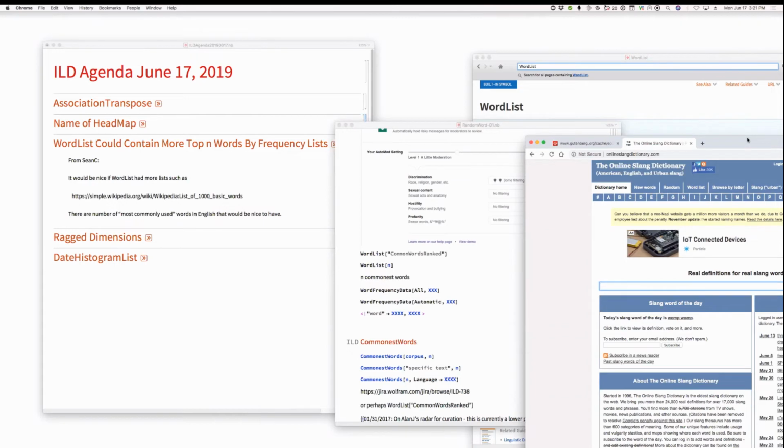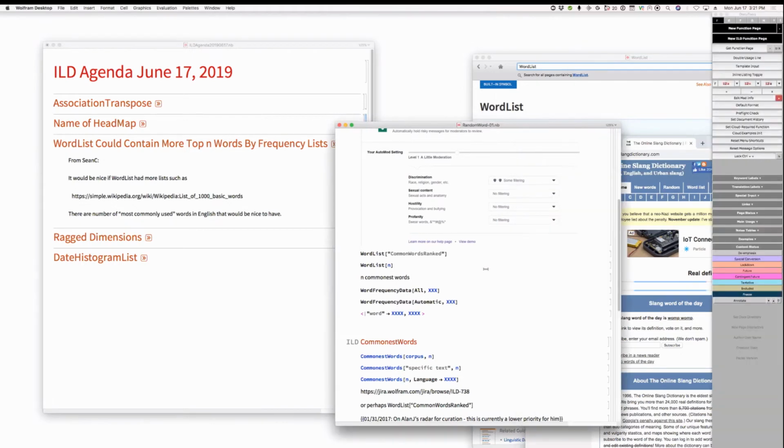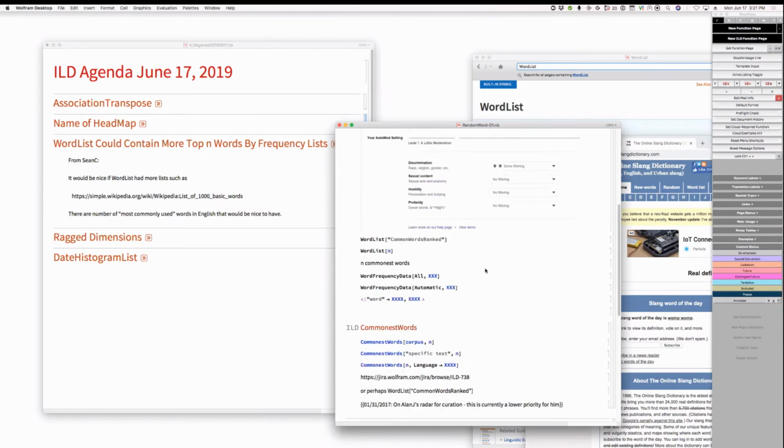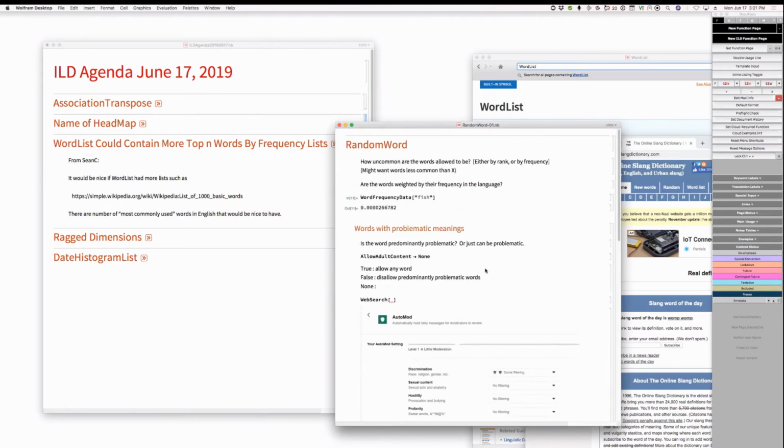Okay, so for random words, we probably need an option to not generate offensive words. And I don't know how to deal with that. I think the most plausible way to do it so that it won't get broken is to have an $AllowAdultContent or something and set it to none.